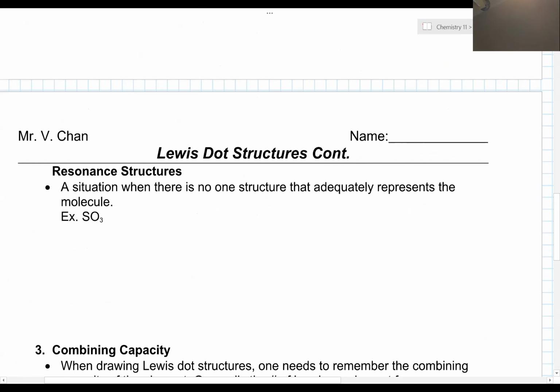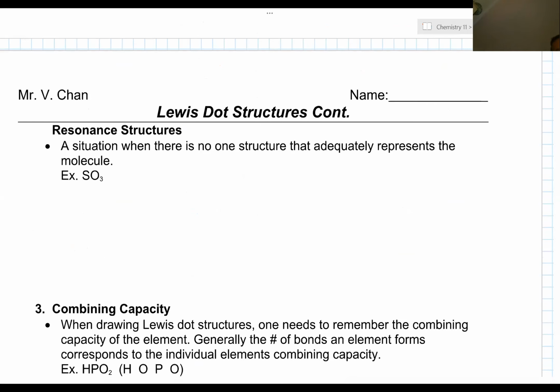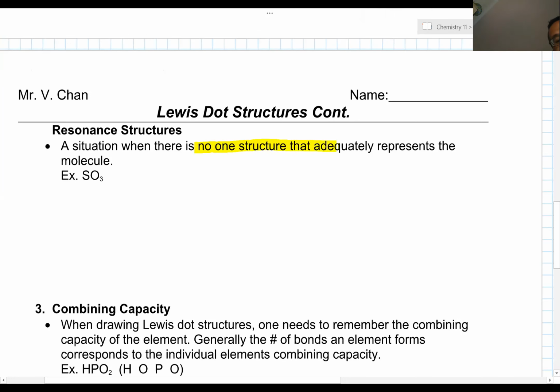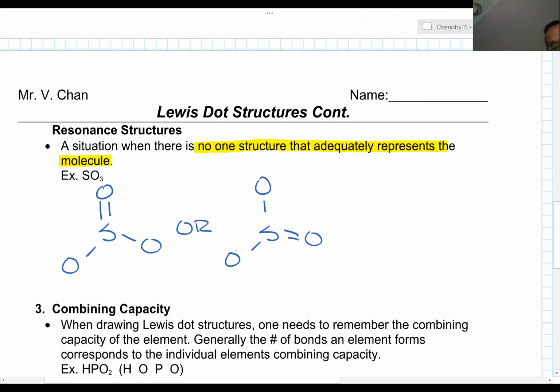All right, another one is resonance structure. Now, this is when there is no one structure that adequately represents the molecule. For example, let's say SO3. So SO3, if we take a look at it, can look like this, or it can look like this, or it can look like this.